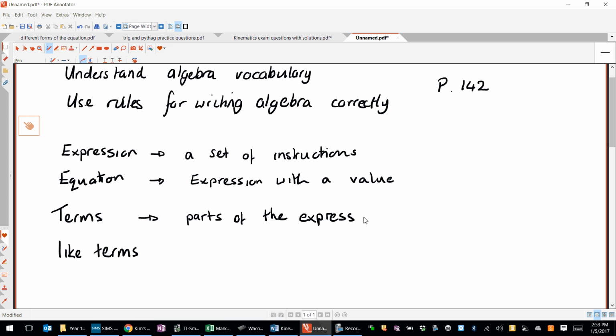Now, like terms are terms using the same variable. And when I say variable, you might say the same what? Symbol or letter. Yeah.